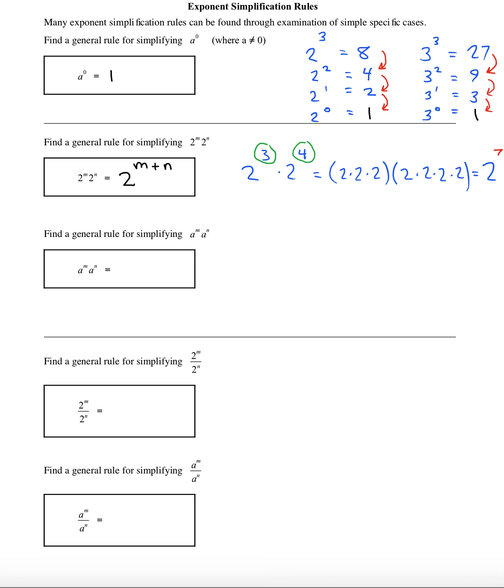Would this process hold for any base? Let's try a to the 2 times a to the 3. How many a's do we have? 5.